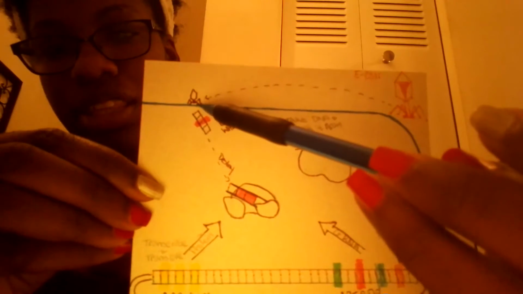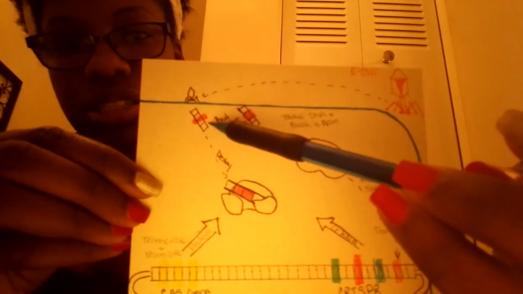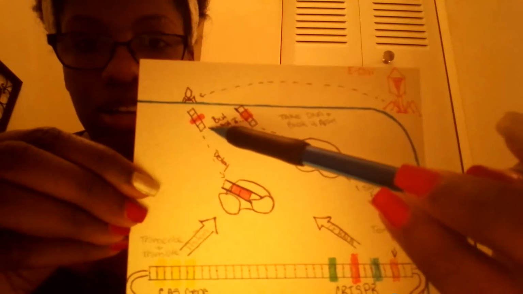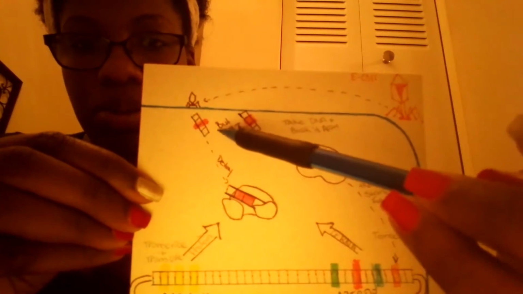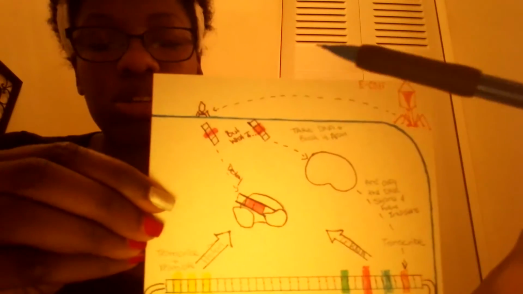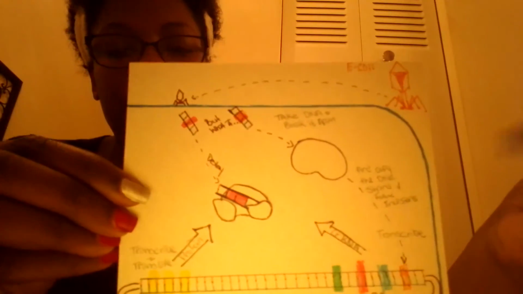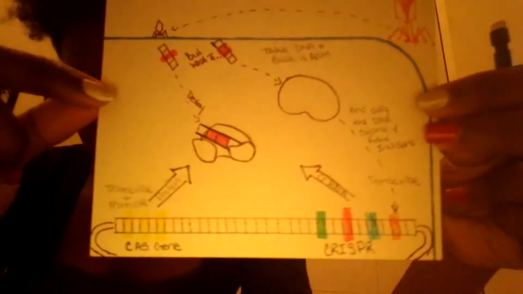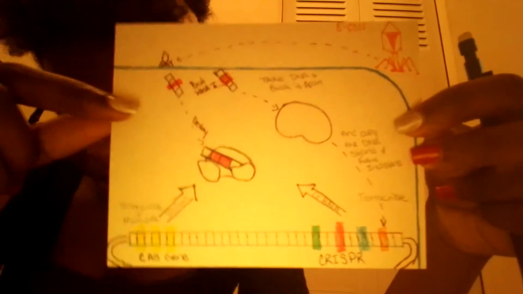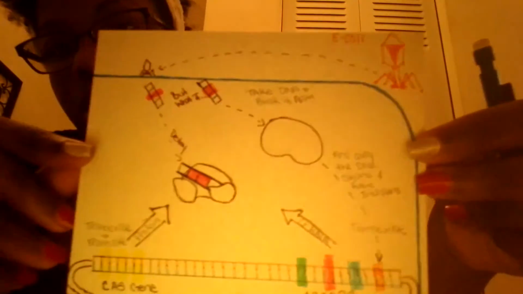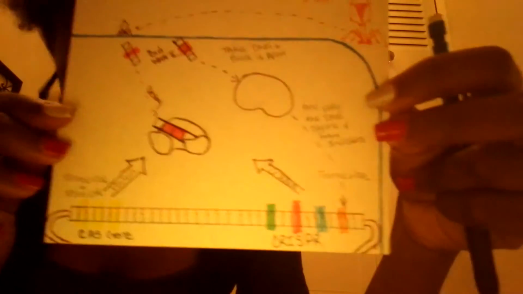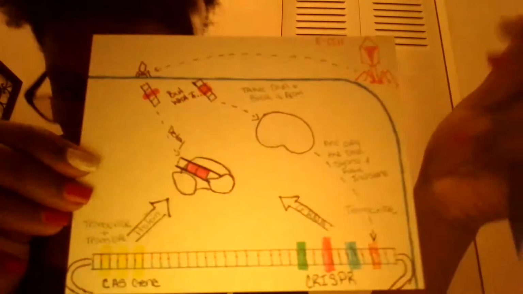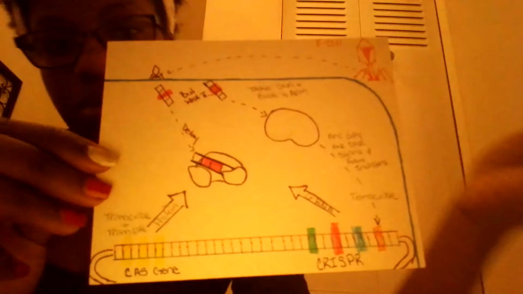At the cellular membrane, it injects its viral DNA inside of the cell. Now, in a human without an immune system, this viral DNA will begin to replicate and eventually kill the cell due to the replication of the virus inside of the cell.